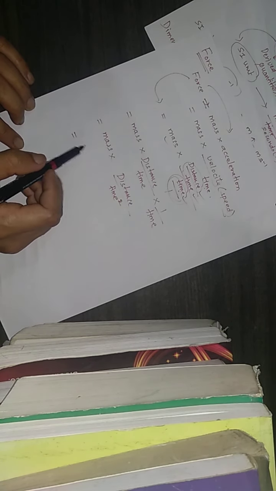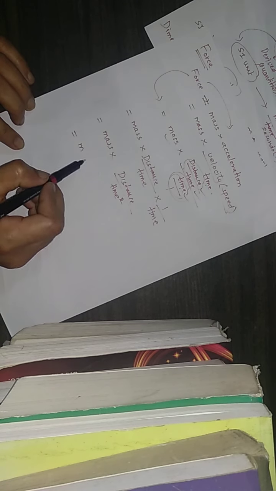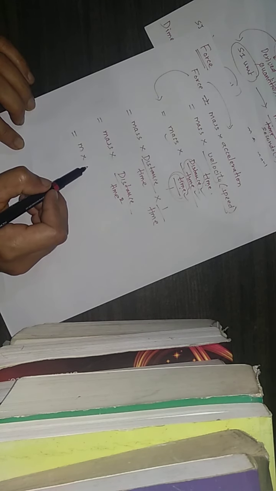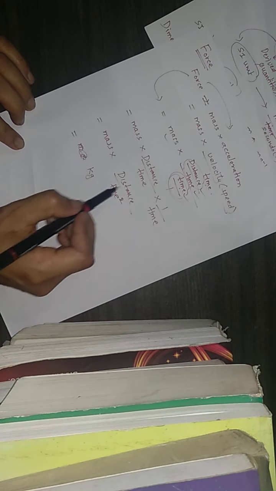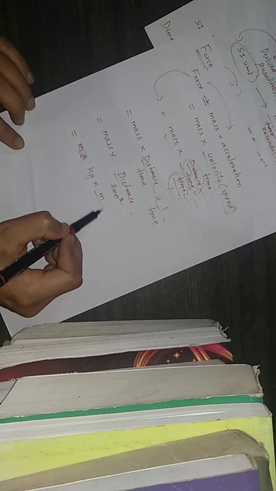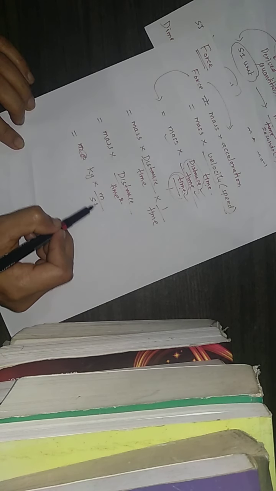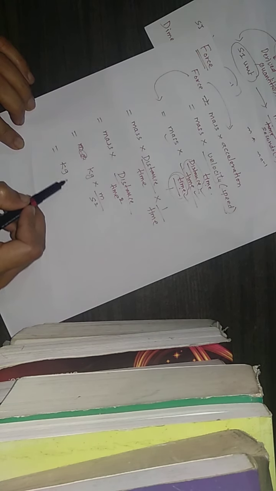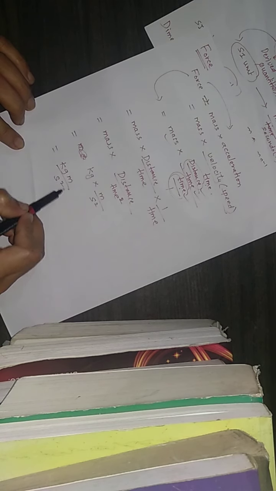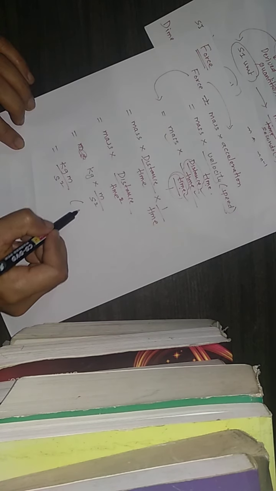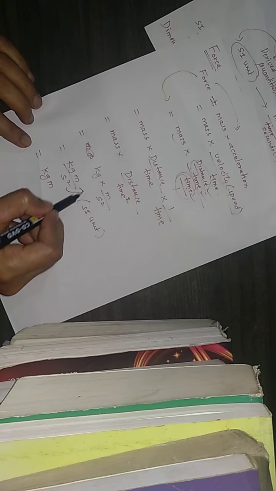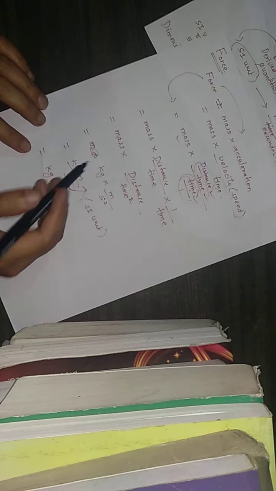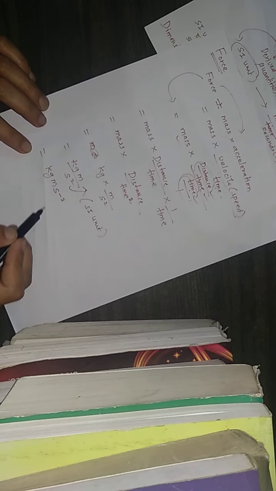SI unit of mass is kilogram, SI unit of distance is meter, SI unit of time is second, so second square. So kg meter by second square is the SI unit for force. When you take second square in the numerator, it will be second inverse 2.